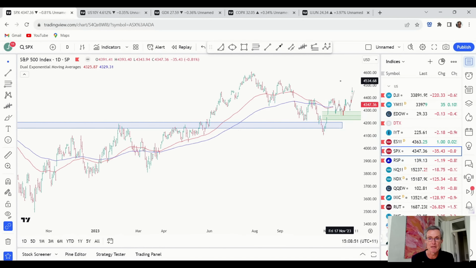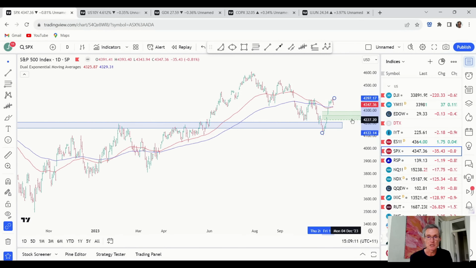For me, that's the best case scenario, and it becomes quite a tradable situation where you know where your risk is, and you've got your base. You can exit beneath the base, and you can buy a breakout. But we've got to wait until those structures start to form.